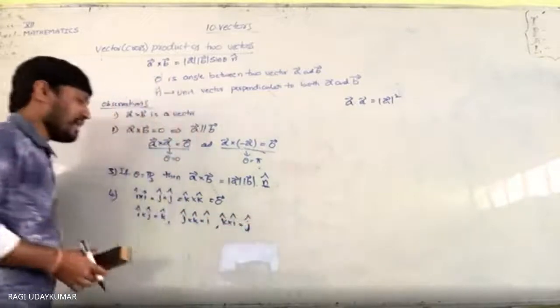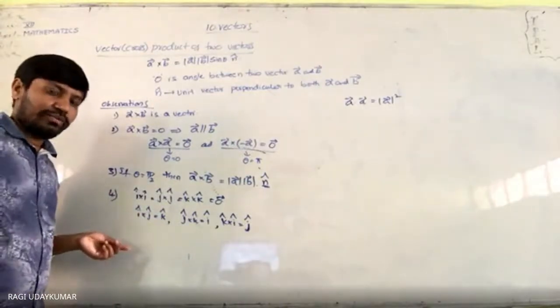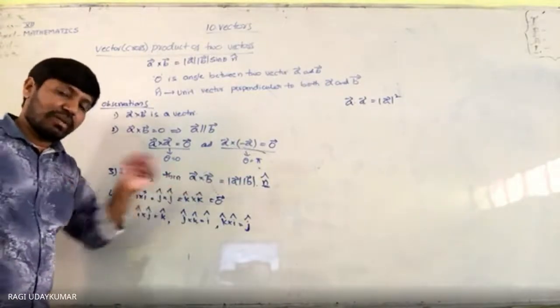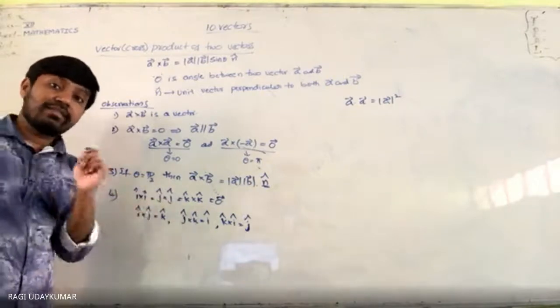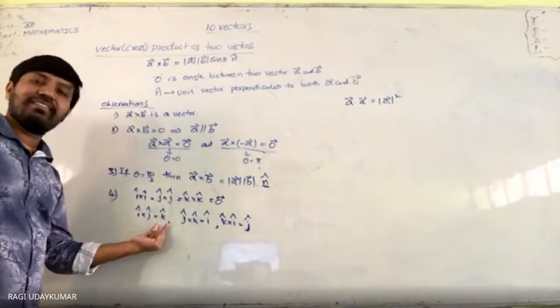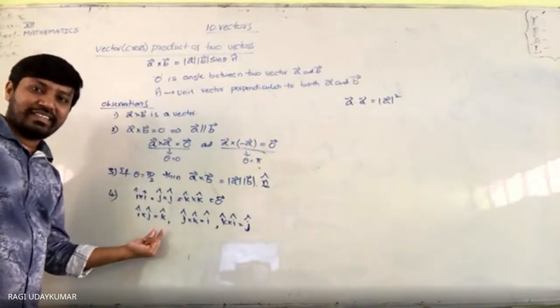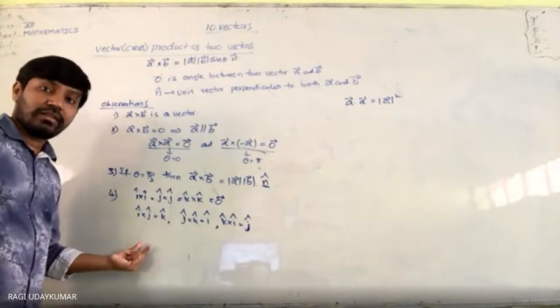Because consider i cross j. Take i as the x axis and j as the y axis. The unit vector which is perpendicular to the x axis and y axis is what? Unit vector k cap, isn't it? The unit vector which is perpendicular to both the x axis and y axis.